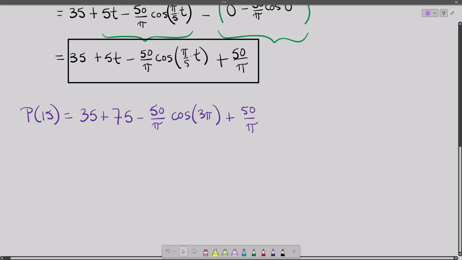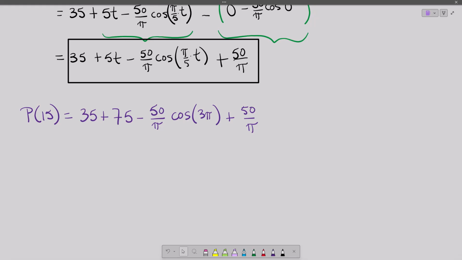Okay, cosine of 3 pi. Let's see. So unit circle, we're at 3 pi. So it's 3 halves, right? So we're on the right side of the unit circle, and then 1 pi, 2 pi, 3 pi puts us on this side of the unit circle. So cosine is -1.